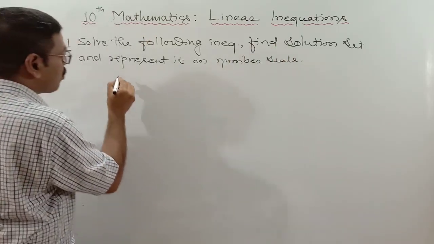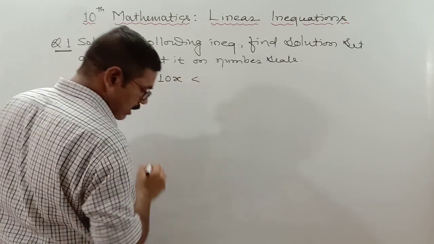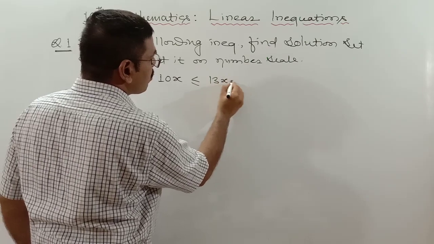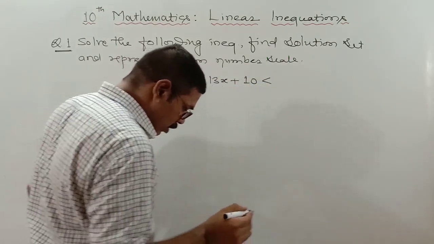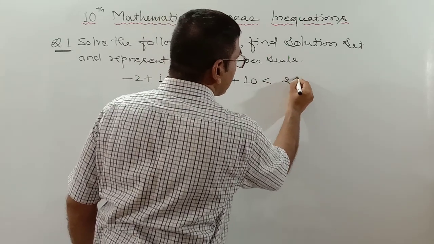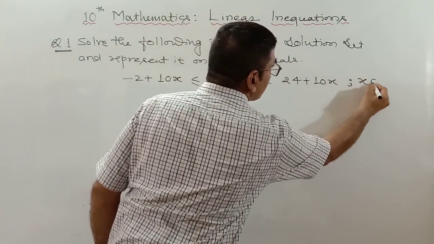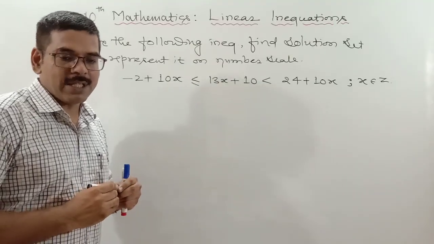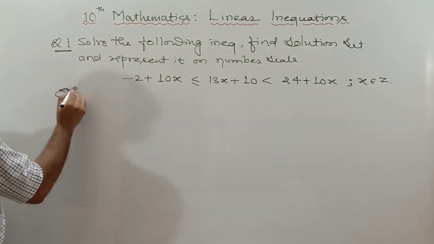See, -2 plus 10x is less than or equal to 13x plus 10, which is less than 24 plus 10x, where x belongs to Z. See, that is one of the simplest questions. बहुत आसान क्वेश्चन है. Now we are going to start the solution.